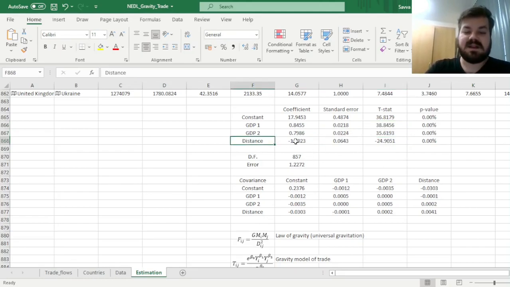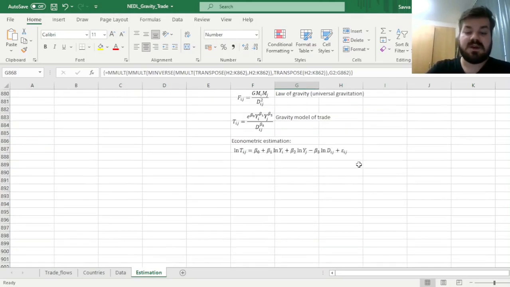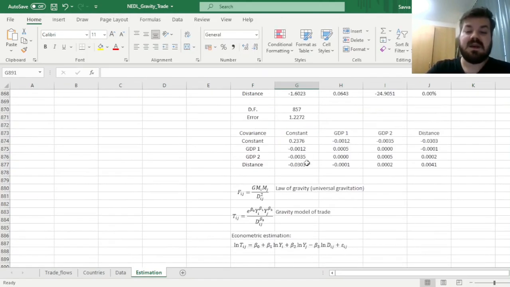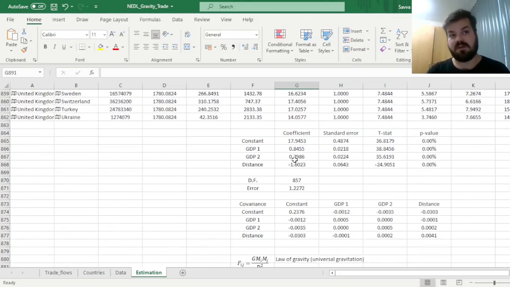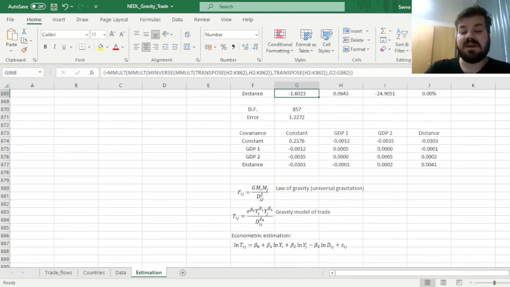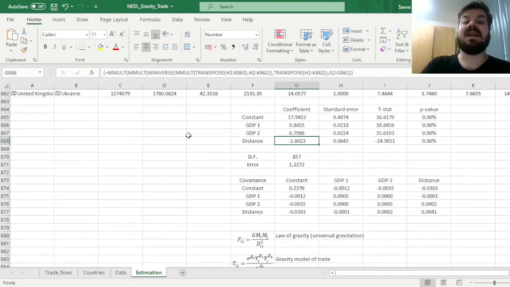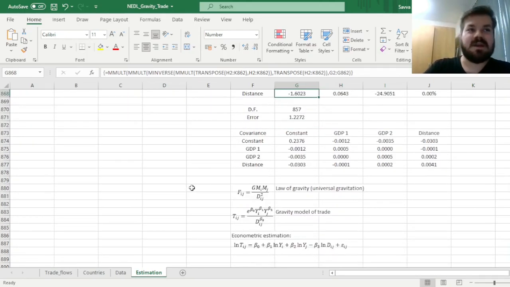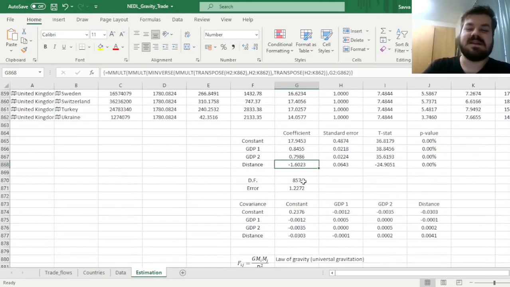And in terms of the distance, we have got a negative coefficient, which is exactly what we would have expected, given the fact that countries that are further apart trade less, all other things held equal. And this coefficient is close to -2, that is here for the physical law of gravity, but is still less in magnitude than the one we have for the Newton's law of universal gravity, -1.6.